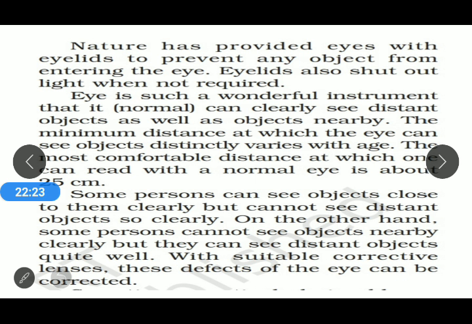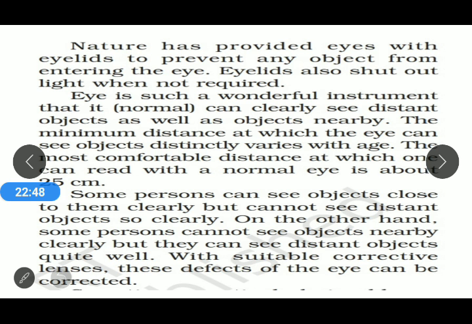Nature has provided eyes with eyelids to prevent any object from entering the eye, and eyelids also shut out the light when not required. The eye is such a wonderful instrument that it can clearly see distant objects as well as nearby objects. The minimum distance at which the eye can see objects distinctly varies with age.